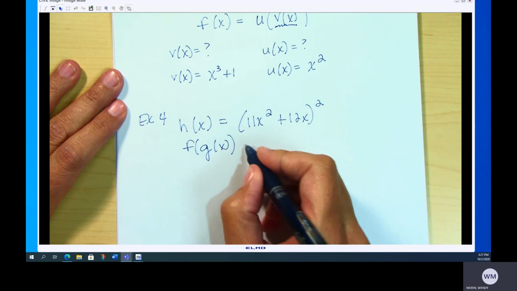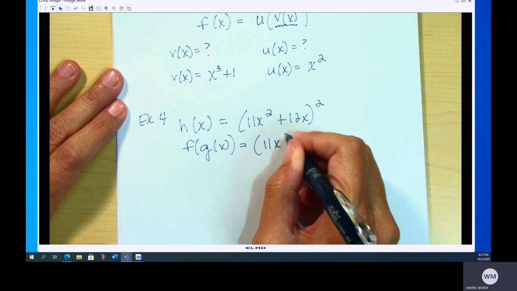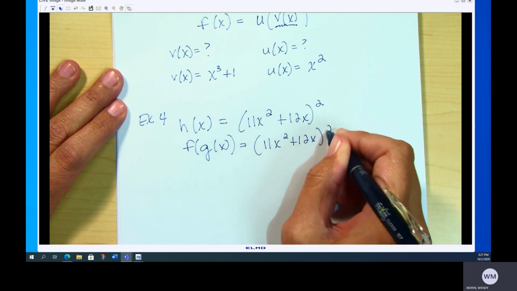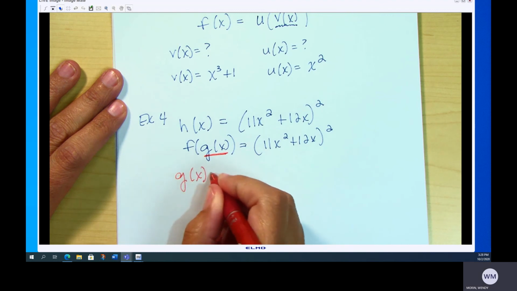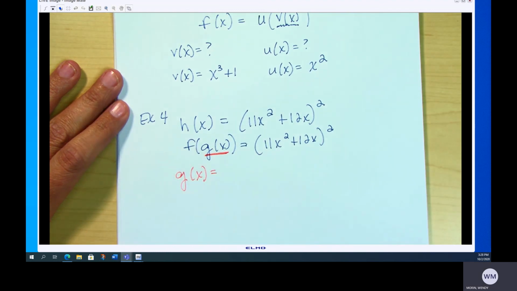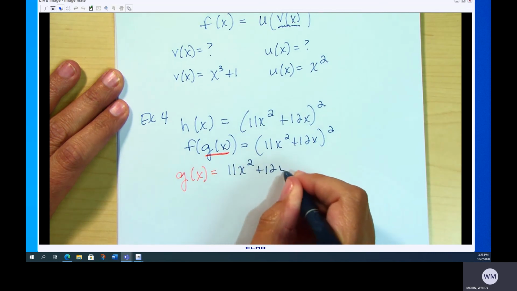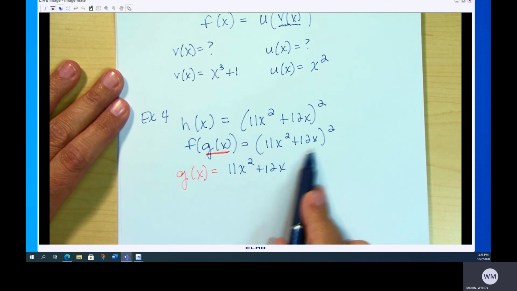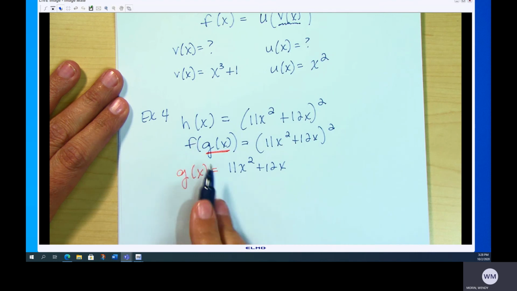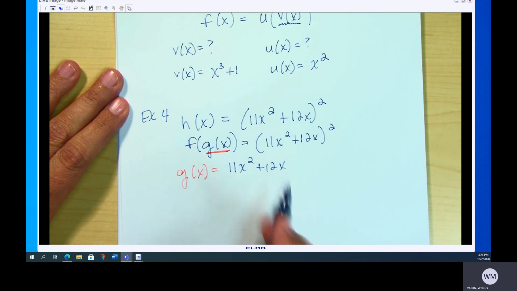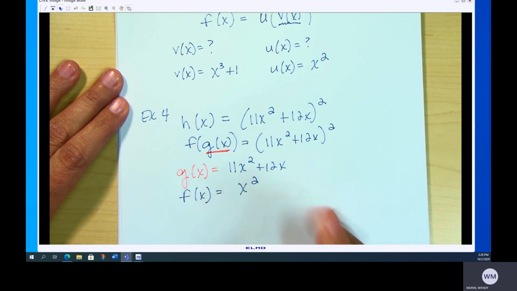What is your input? So I would say 11x squared plus 12x was my input. I replaced that for x in what function? Well, again, my outer function, I plugged all of this into f. So f of x must have been x squared.